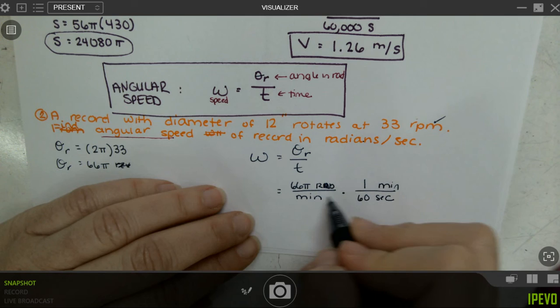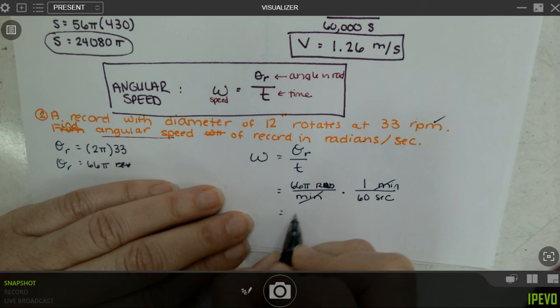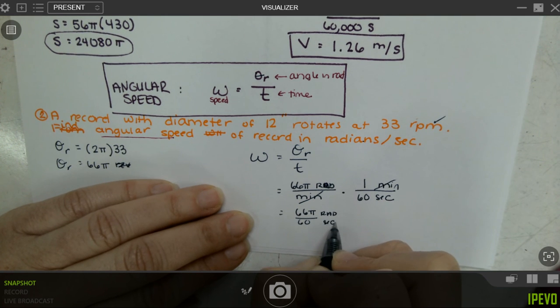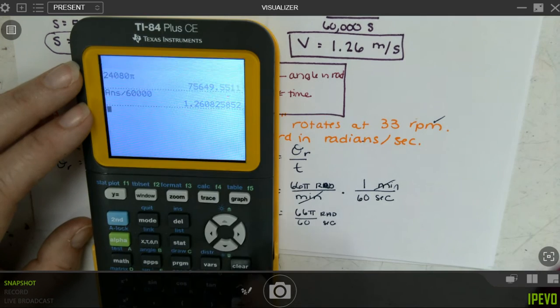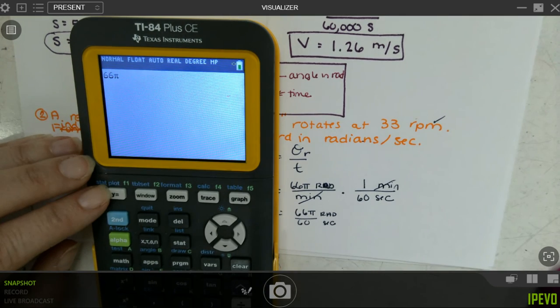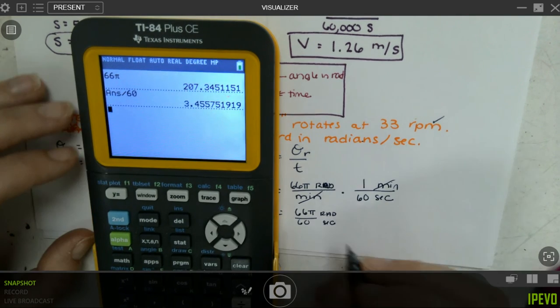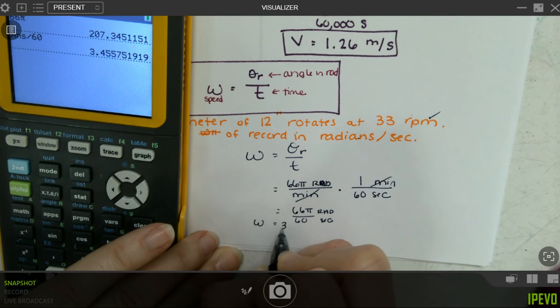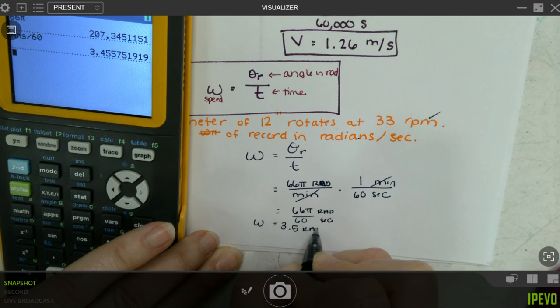The minutes will cancel, so we have 66 pi over 60 radians per second. Then we're going to type it in and simplify. So the angular speed is 3.5 radians per second.